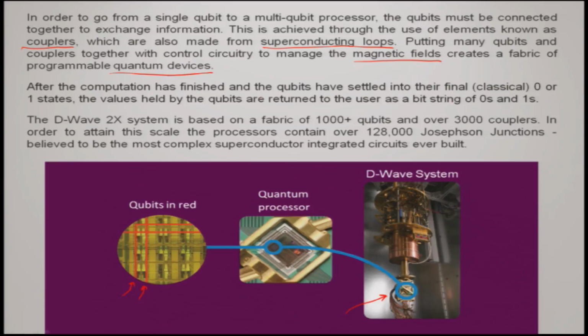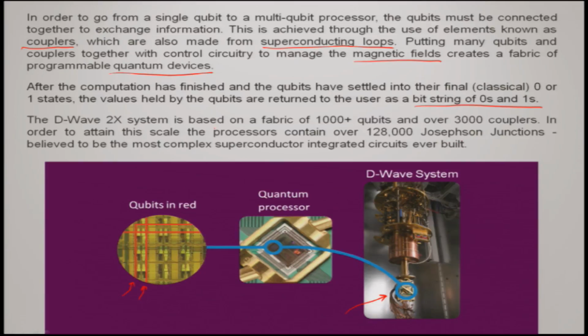After the computation is finished and the qubits have settled into their final 0 or 1 states, which is generally the classical condition, the values held by the qubits are returned to the user as bit strings of zeros and ones, because by that time all the information is classical.